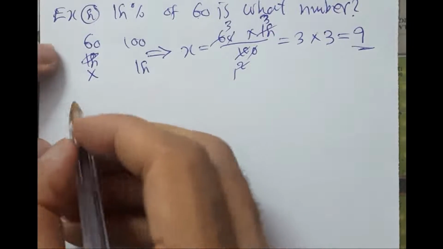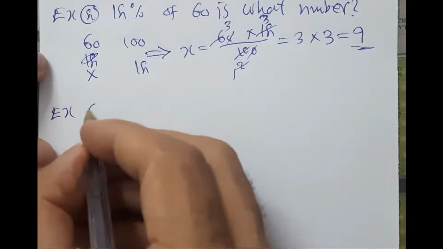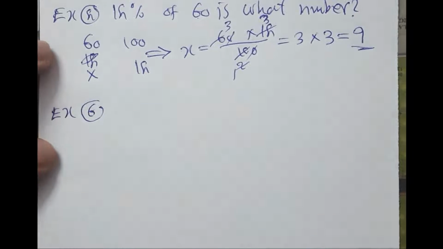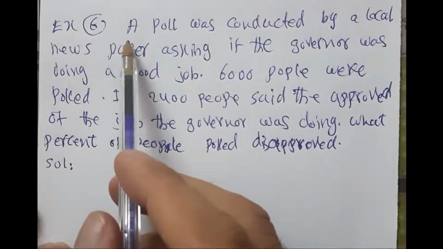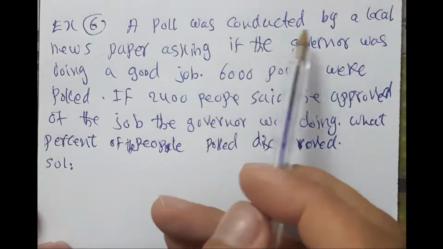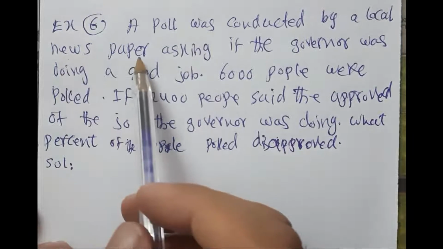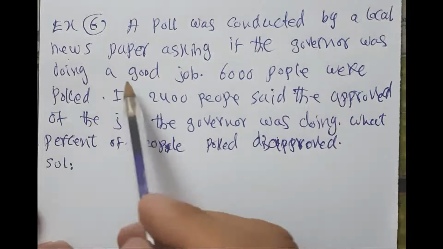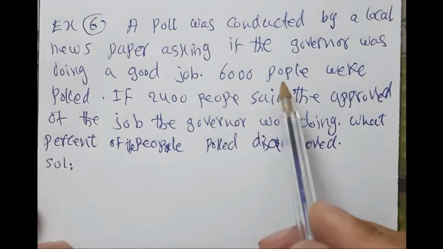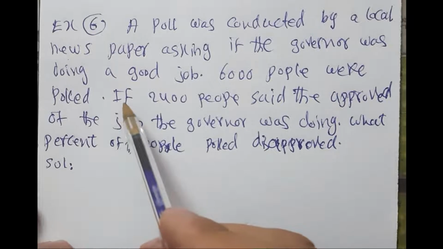Example 6. It is a little different. A poll was conducted by a local newspaper asking if the governor was doing a good job. 60,000 people were polled.